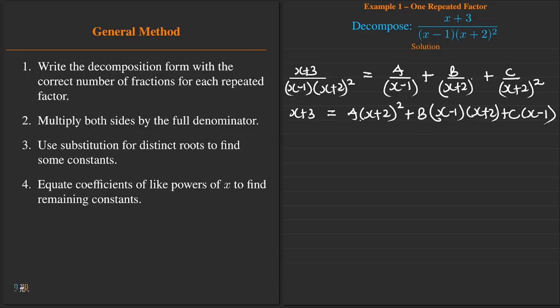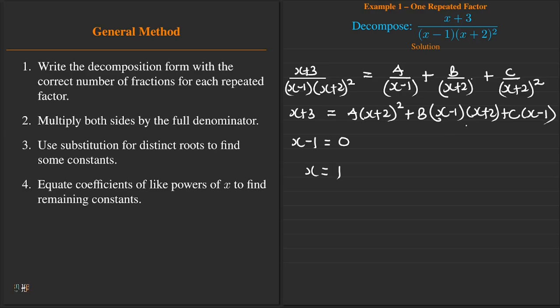If we want to solve for a, then if x minus 1 is to be equal to 0, then our x is simply equal to 1. If you substitute this 1 here, we are going to get this bracket being 0.